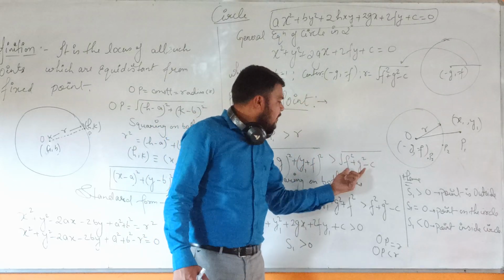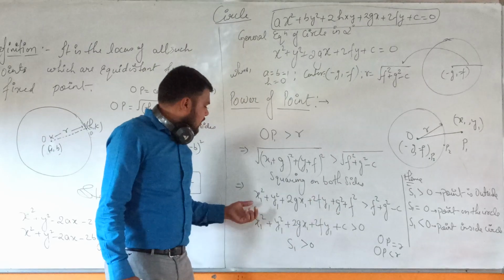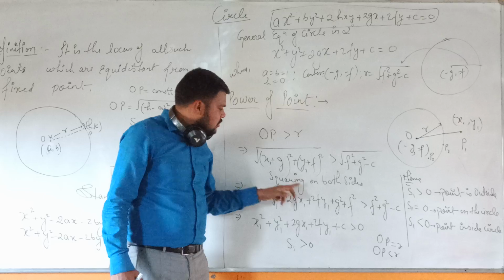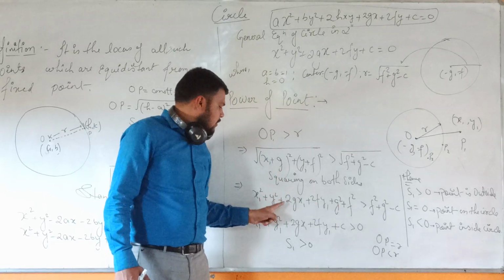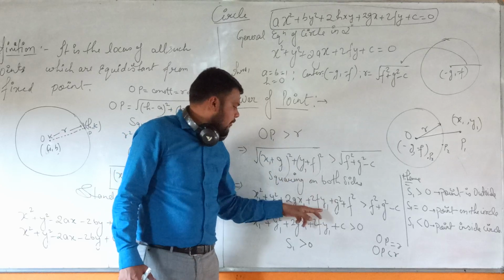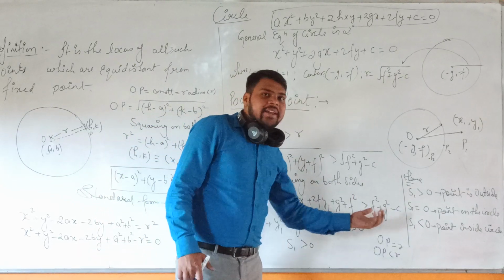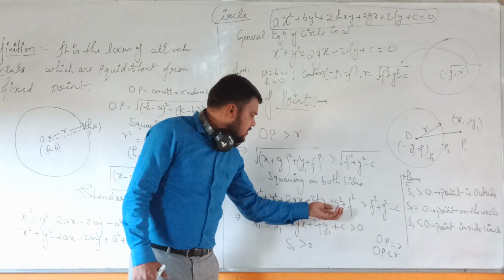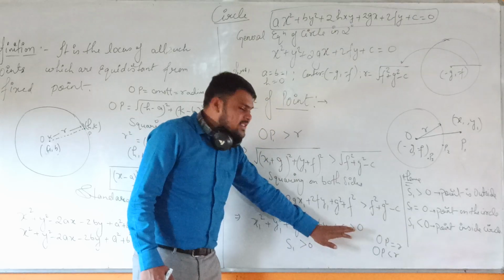From here, root of f square plus g square minus c. Now squaring on both sides, what do you get? (x1 plus g) square plus (y1 plus f) square is greater than g square plus f square minus c. After simplifying, g square and f square cancel out, and minus c becomes plus c, so x1 square plus y1 square plus 2gx1 plus 2fy1 plus c is greater than 0.